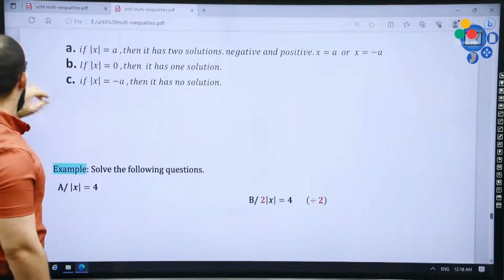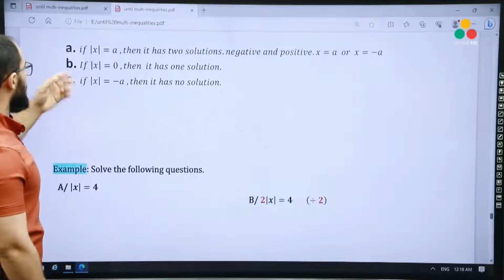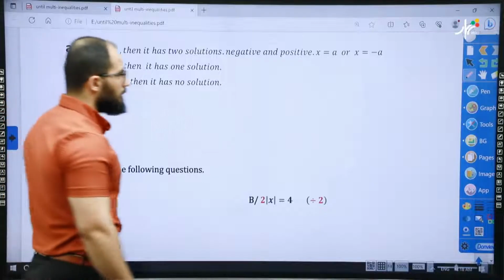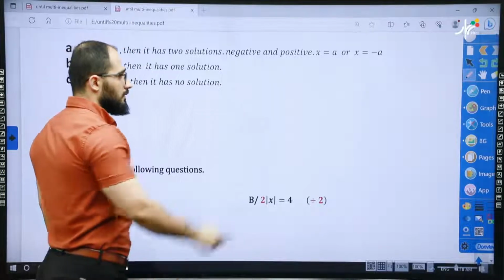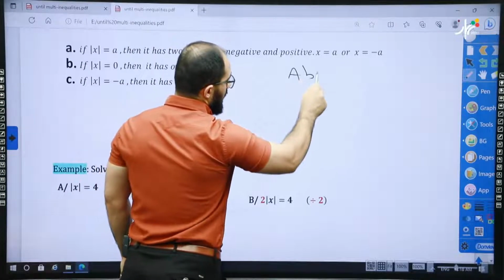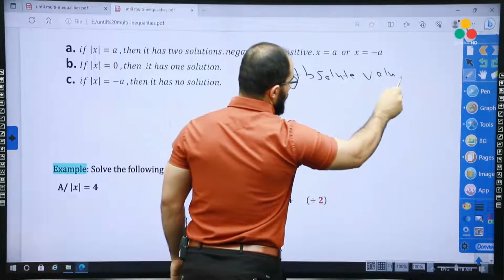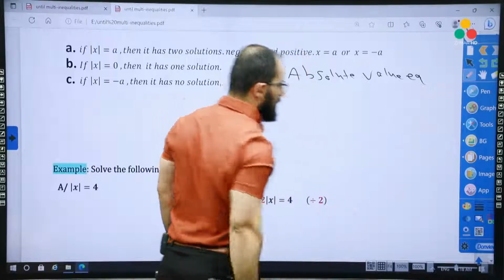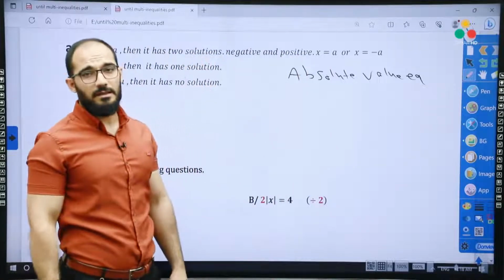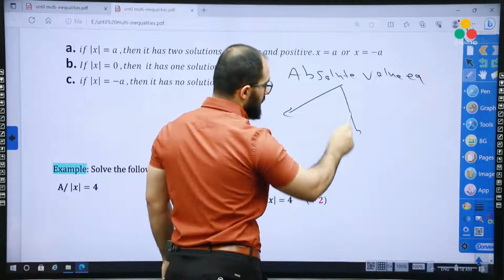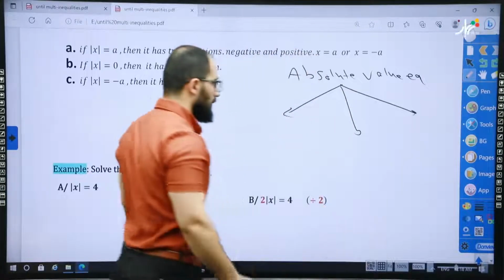Then, let's talk about absolute value equations. If you have an absolute value equation, there are 3 main cases. We have the first case, the second one, and the third one.